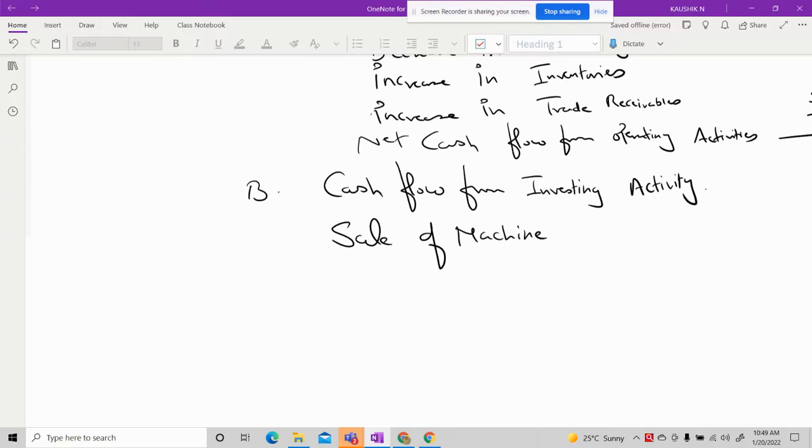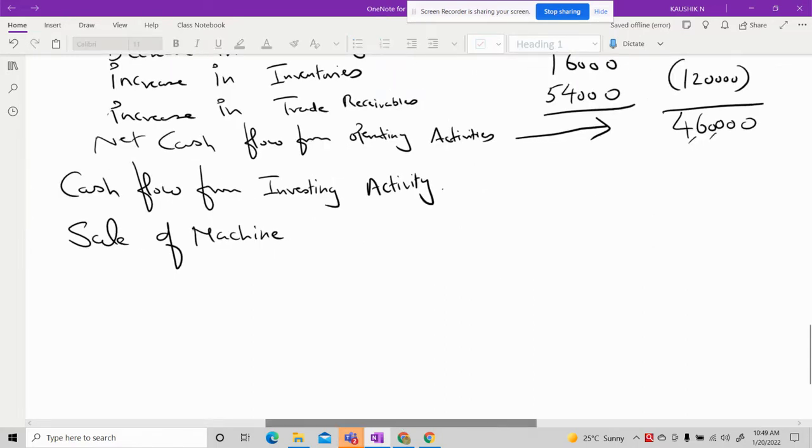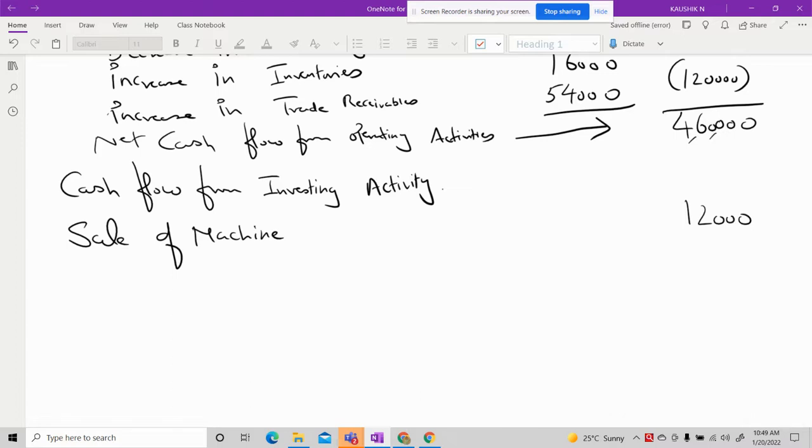How much is the sale of machine that has been done? It is done for 12,000. The sale value of the machine was 12,000. That you should record here, in the outer column. Since it's a proceeds, that is an income, it should be positive. And then the next one is purchase of machine. This comes to a value of rupees 5 lakh and 88,000 exactly.